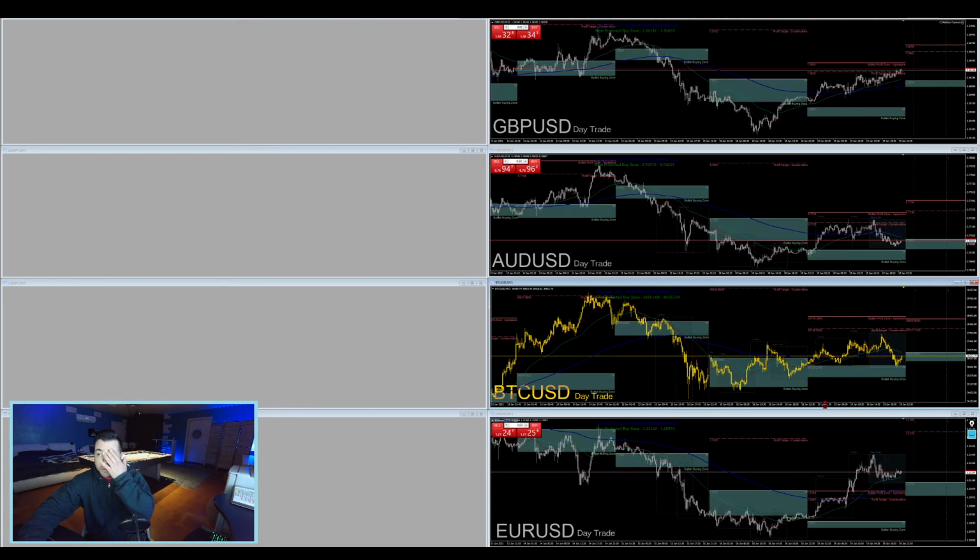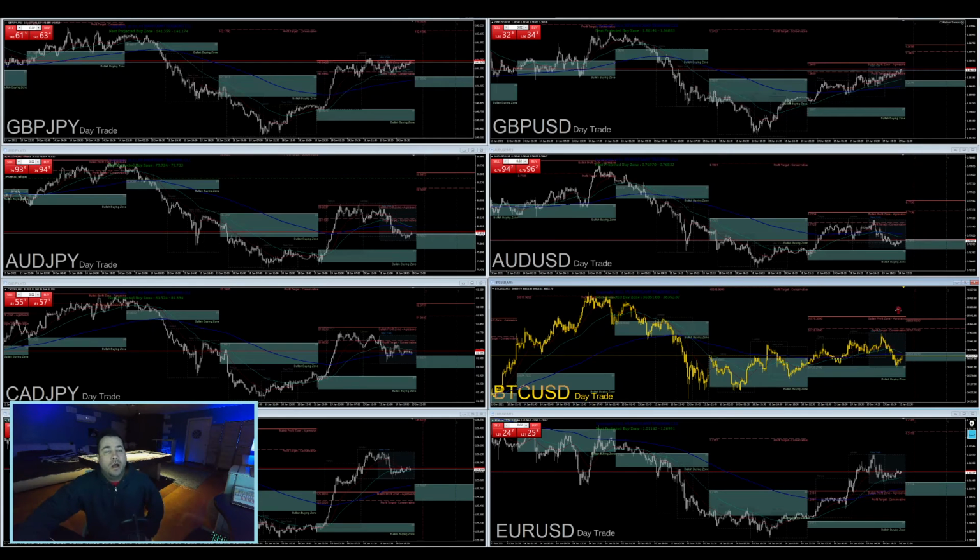I'm looking to front run, and right now the ones that may be set up is the CAD yen. The CAD yen, if I get like a little down move right here, and also the Australians.